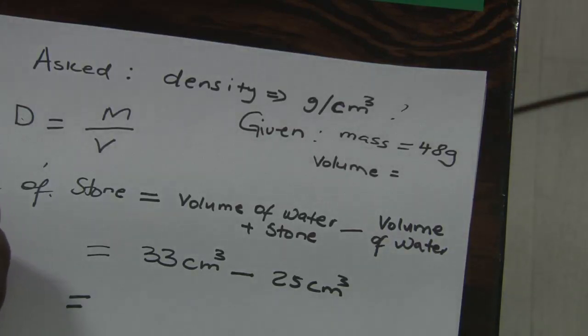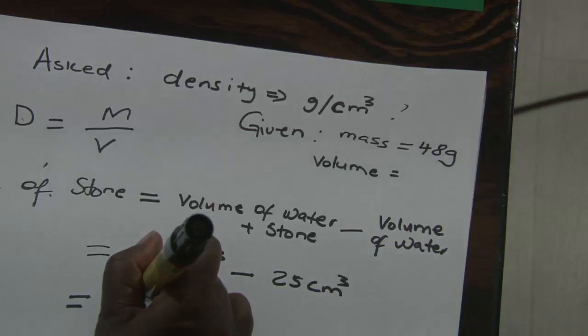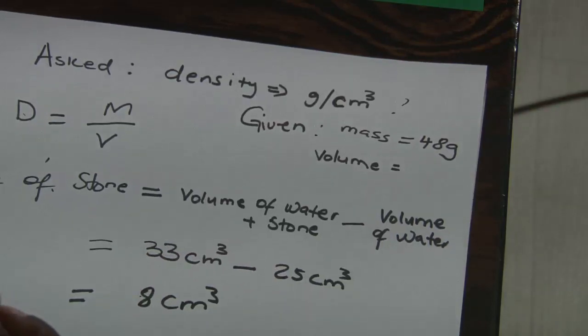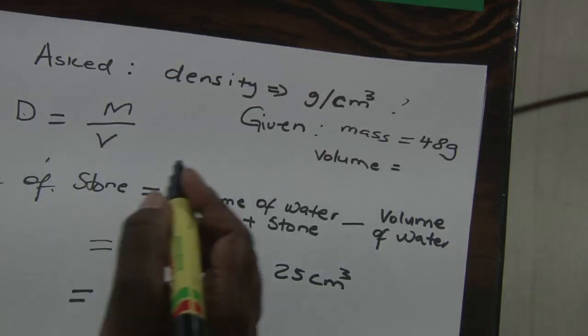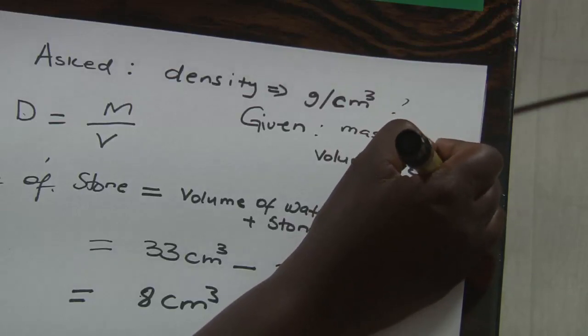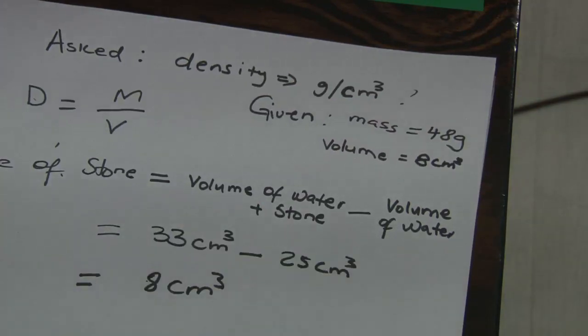This is 8. And it gives us 8 cubic centimeter. Now we find the density. Now our volume that is given here is 8 cubic centimeter.